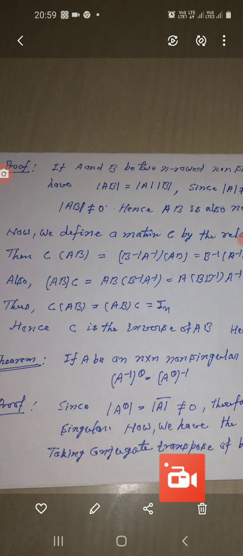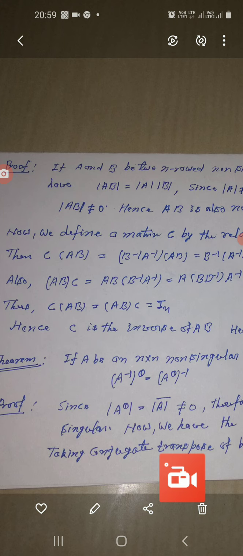Similarly, AB multiplied by C is equal to AB times (B inverse A inverse), and this may be written as A times (B B inverse) times A inverse, and this is equal to A times In times A inverse, that is equal to A A inverse, and this is nothing but In.